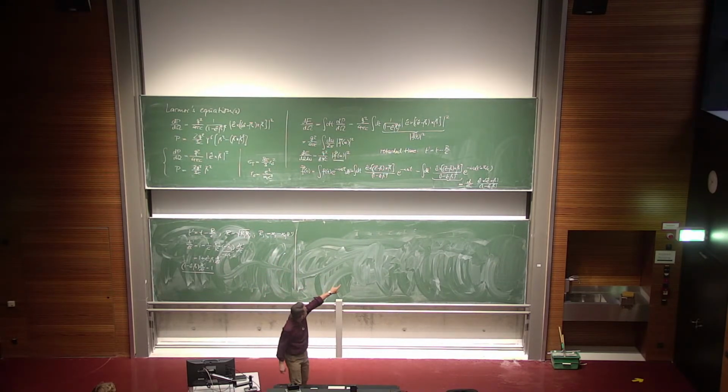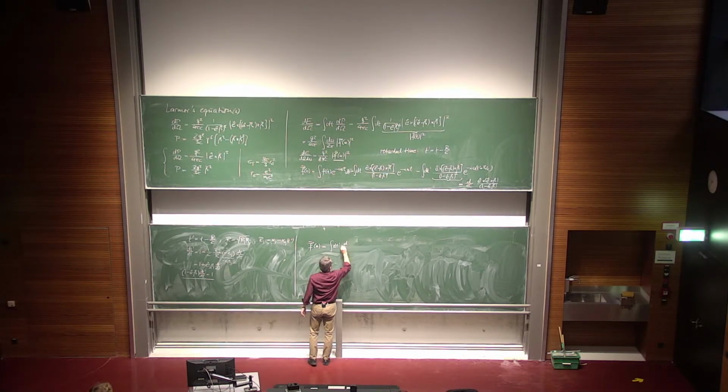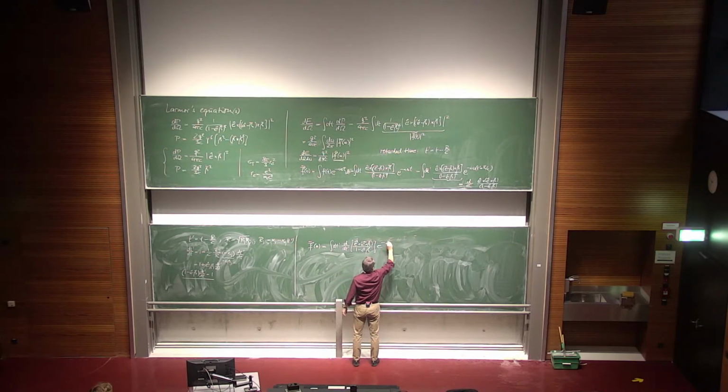Okay, now I'm going to continue here, and I'm going to write the Fourier transform of f as a function of omega as, first of all, the integral over dt prime of the total time derivative of e cross beta divided by 1 minus e times beta, times e to the minus i omega (t prime plus R over c).